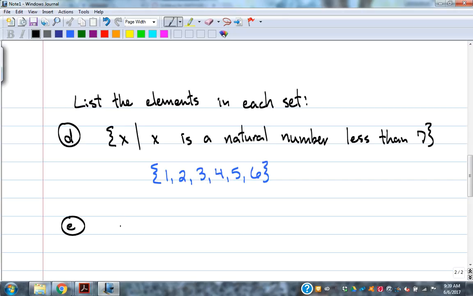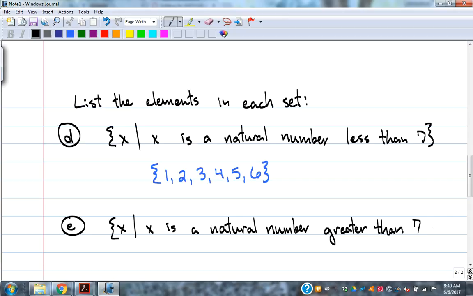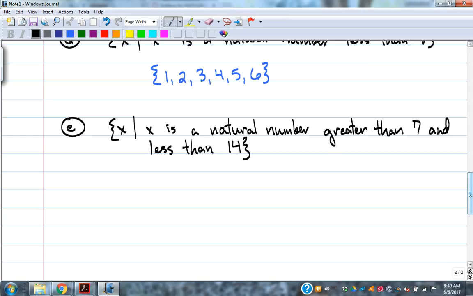Let's do another one of those. X is a natural number greater than 7 and less than 14. A couple of lines there to do that.